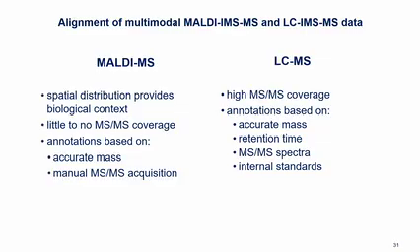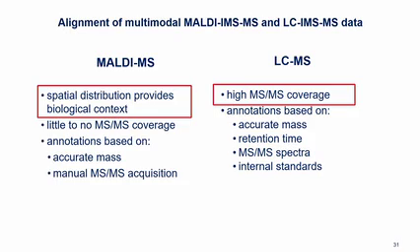You might do some MS scans in a targeted way manually, but it's very slow and you don't get much MS coverage. On the other hand, in LCMS, you get very high MS coverage, and you get lots of information that you can use for annotating your metabolites: retention time, MS spectra, comparison with internal standard, and so on. So we would like to combine the benefits of these 2 worlds.